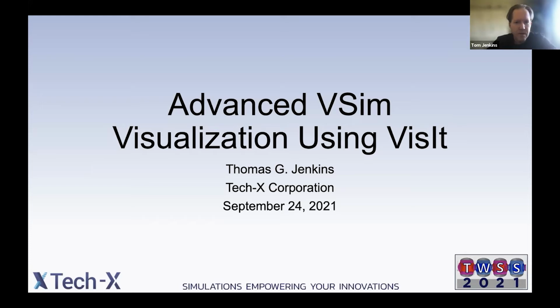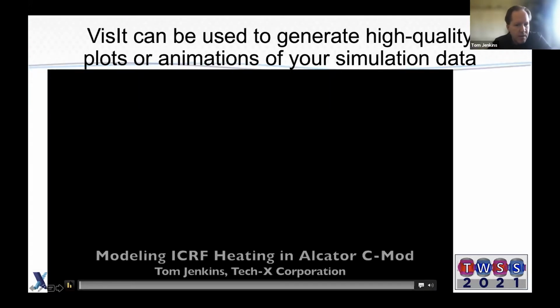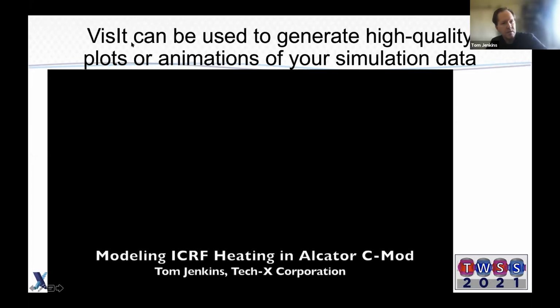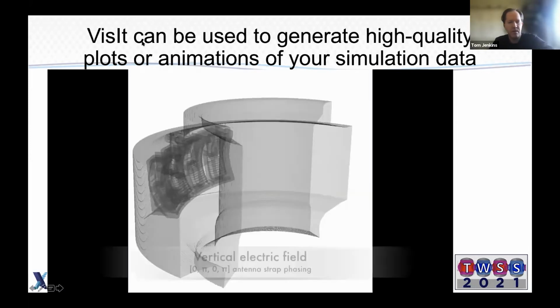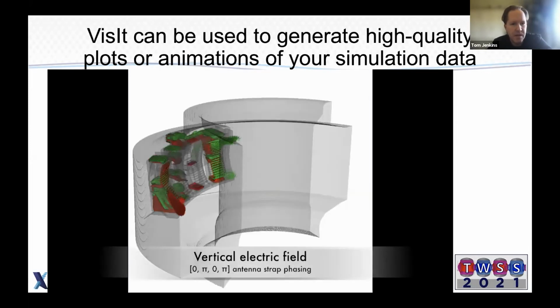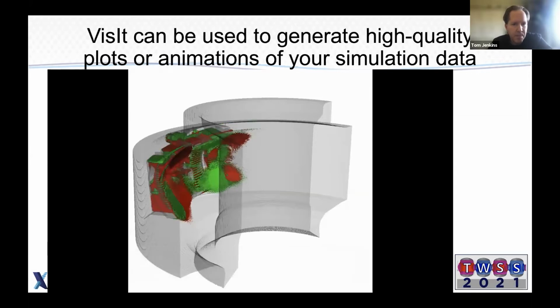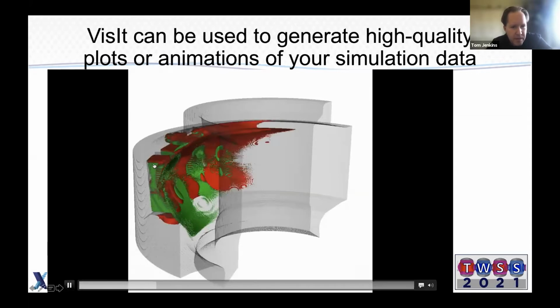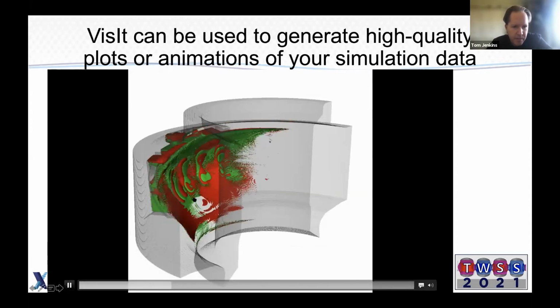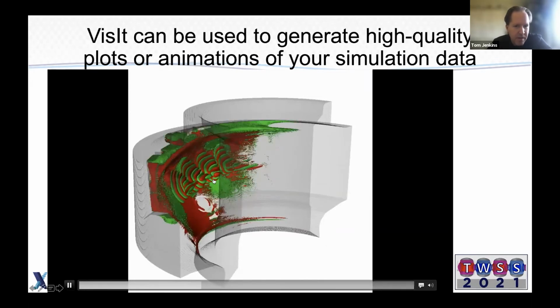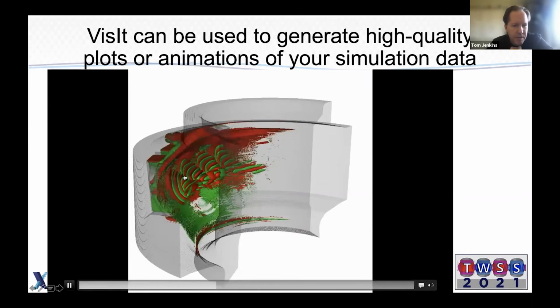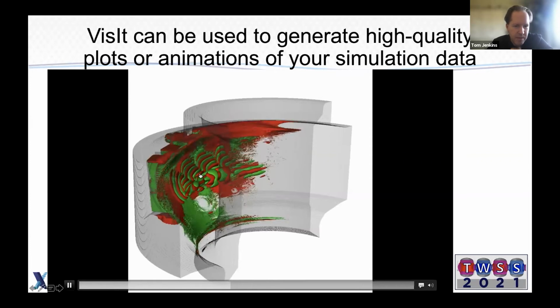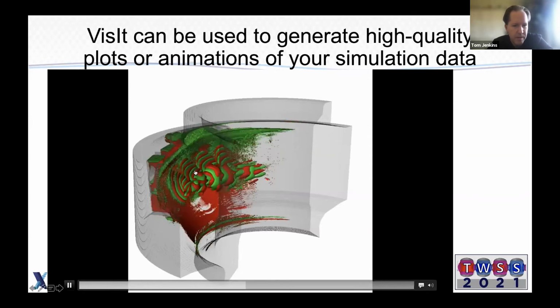So, to start off, this is the kind of work that I produce with this visualization software. This is an experiment that's done at MIT. They have this complicated antenna structure and then a plasma that sits in this donut here, and they're going to launch waves in from the periphery from those antennas that propagate inward to the core of the plasma and heat it.